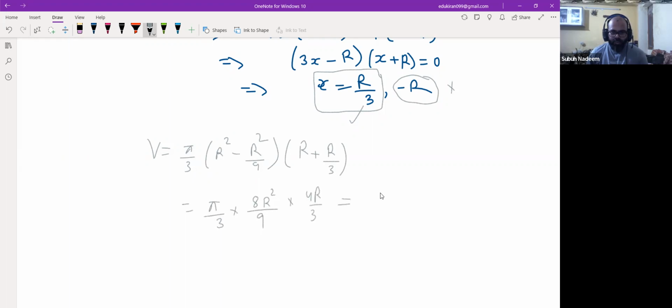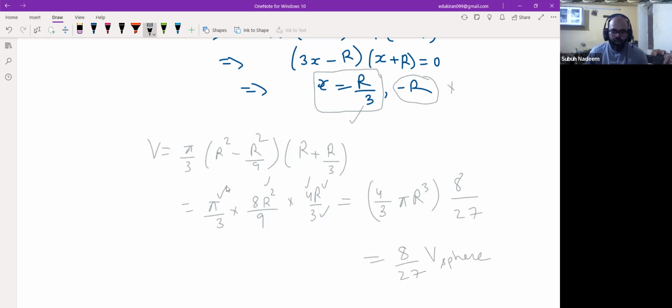So this will be 4 by 3 pi R cube. We take it like this: this 4 we take, R cube we take, and this we take 8 by 27 outside. So 8 by 27 into volume of the sphere. This is 4 by 3 pi R cube.